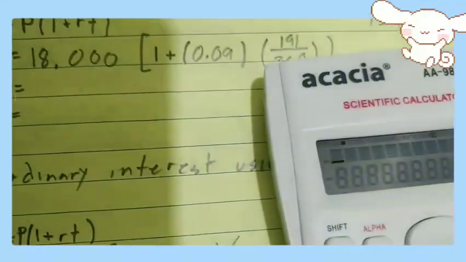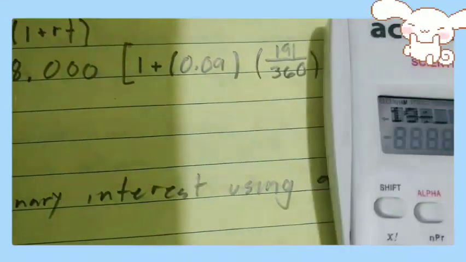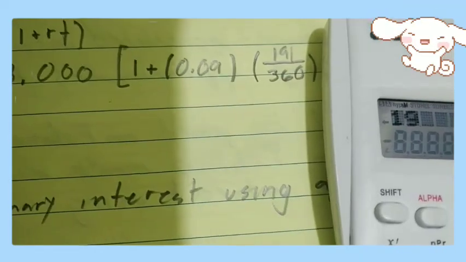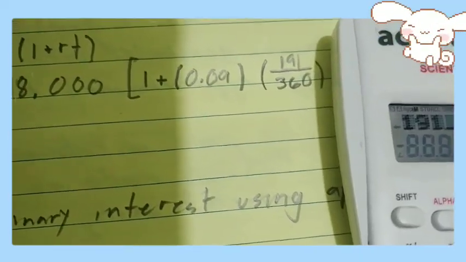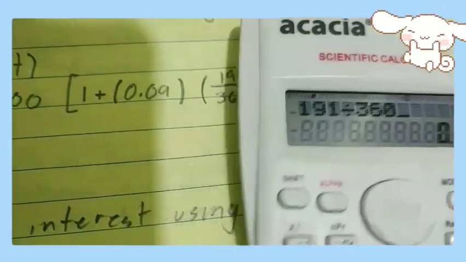So 191, oh no, sorry. 191 divided by 360 equals.